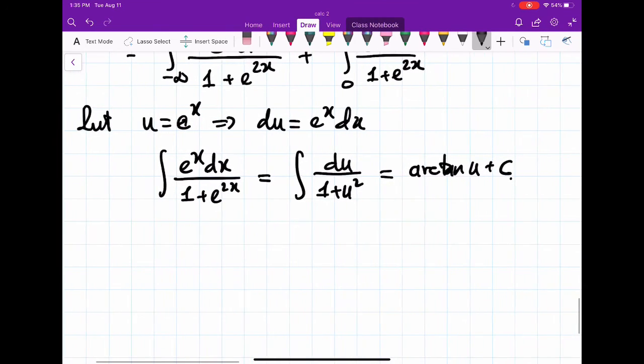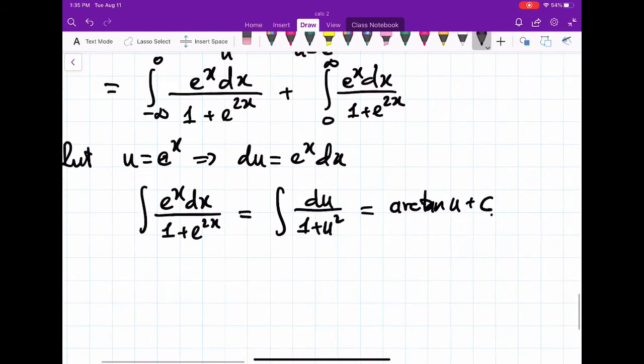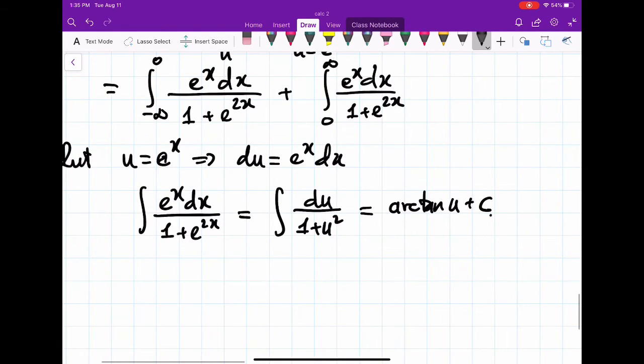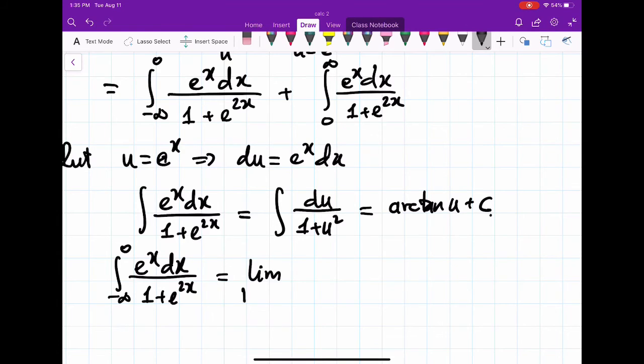So I apply this function for negative infinity to 0 and 0 to infinity. The integral from negative infinity to 0 of e to the x dx over 1 plus e to 2x is just the limit as b approaches negative infinity of arctangent of e to the x, because here you need to plug e to the x back.